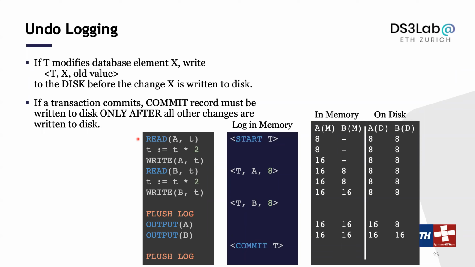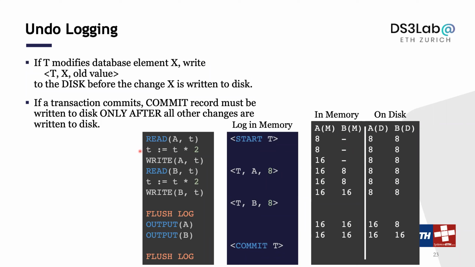I bring the value from my hard drive to memory. So now the in-memory copy of A will have value equals 8. I do this, and then I increase it like this in T.